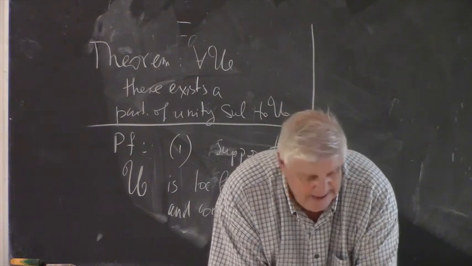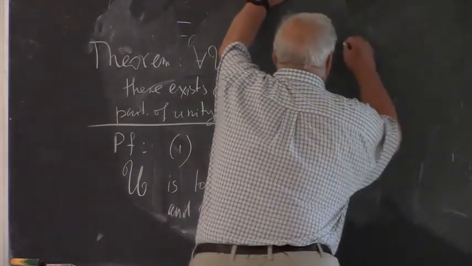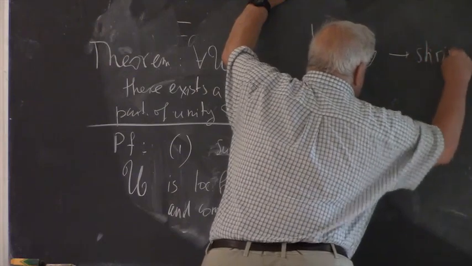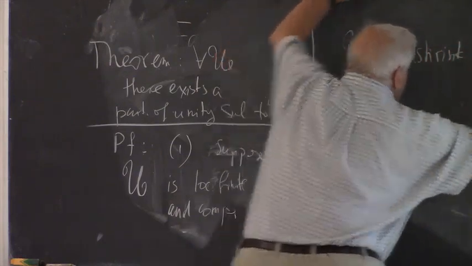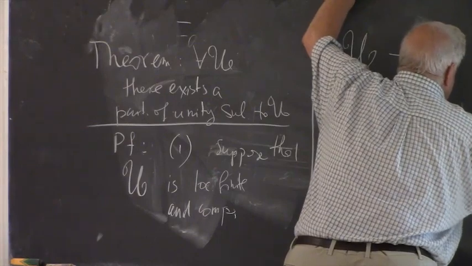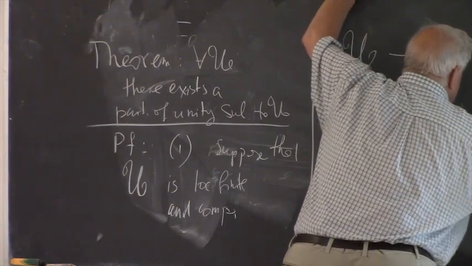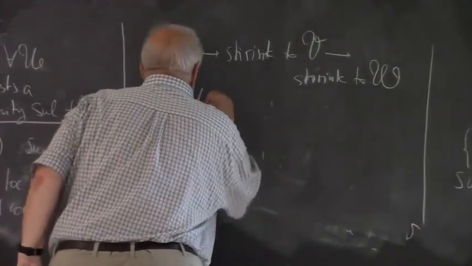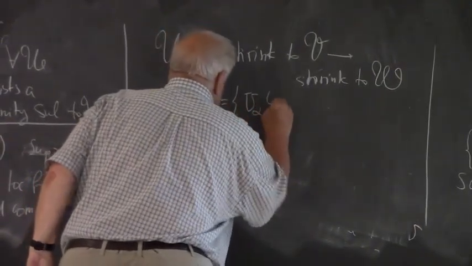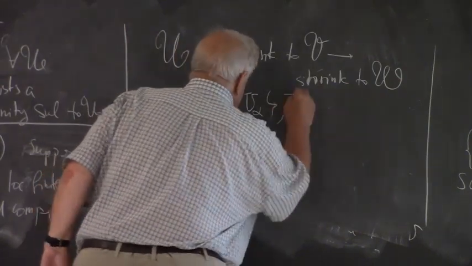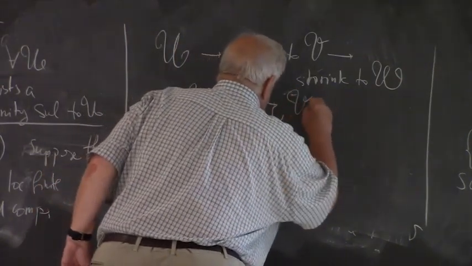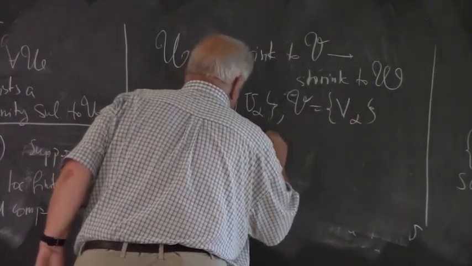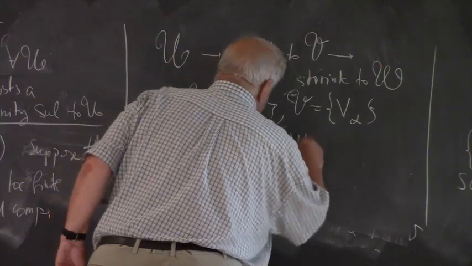I apply this twice. I take U, shrink to V, and shrink to W. So U consists of sets U alpha, V consists of sets V alpha, and W consists of sets W alpha.